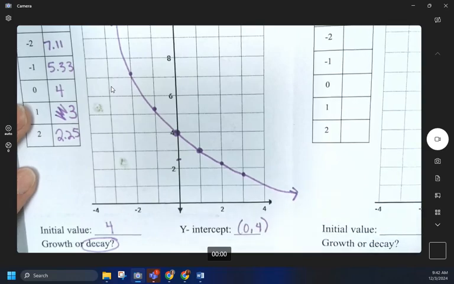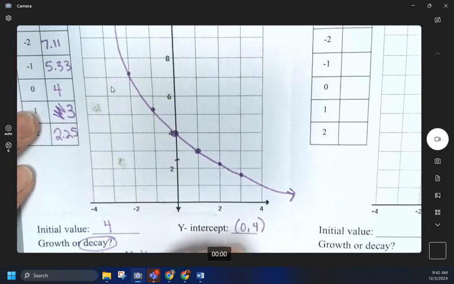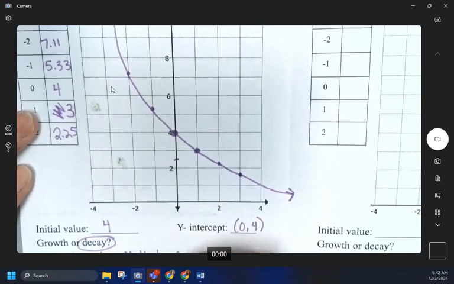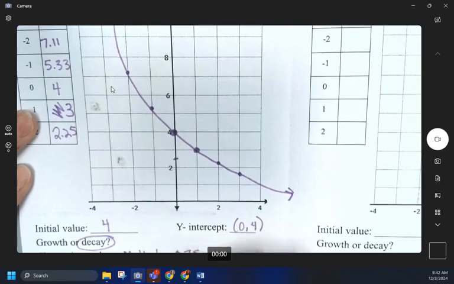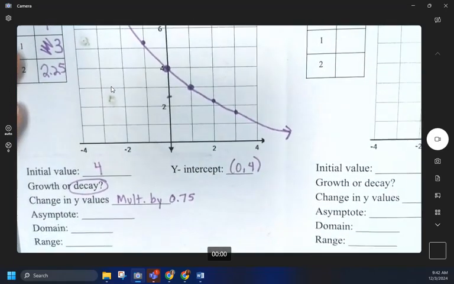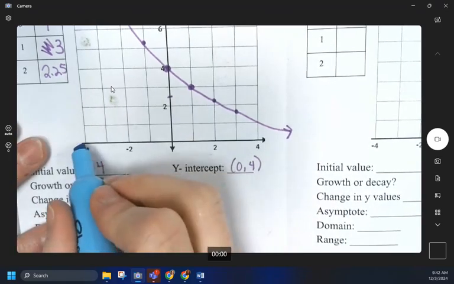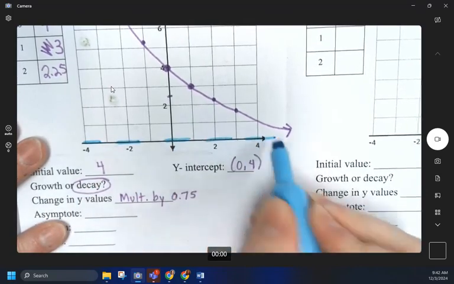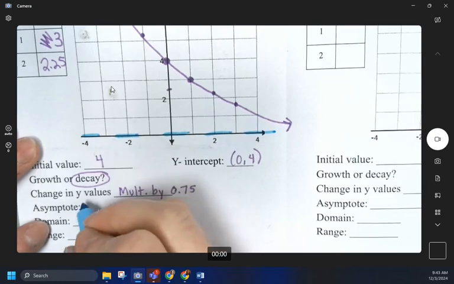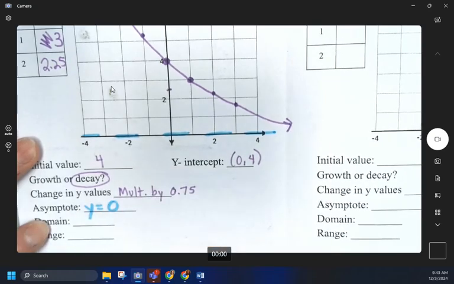It's decreasing, yeah. So multiply by 0.75. Yeah, I abbreviated that. All right, asymptote. Y equals 0. Yep. Go ahead and draw it. Y equals 0.